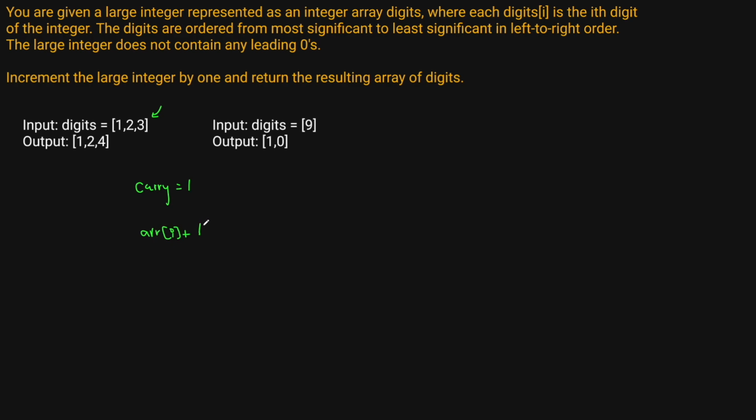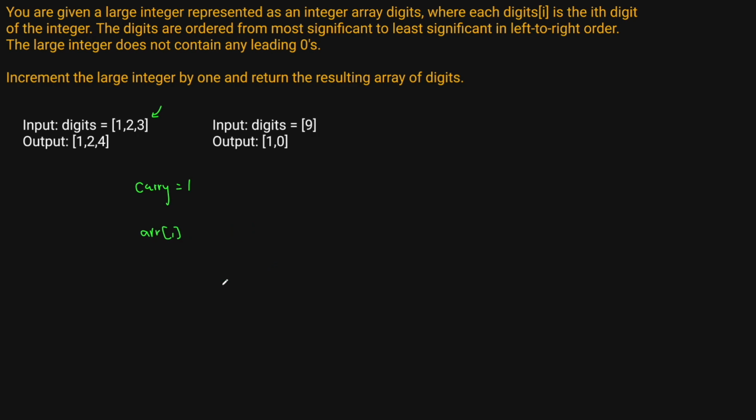So that's going to be plus 1. I'll get this I here, plus carry is what we want to do. And if this is greater than or equal to 10, then what we want to do is keep the 0, and then the carry has to continue forward. So that's the algorithm that we want to use.